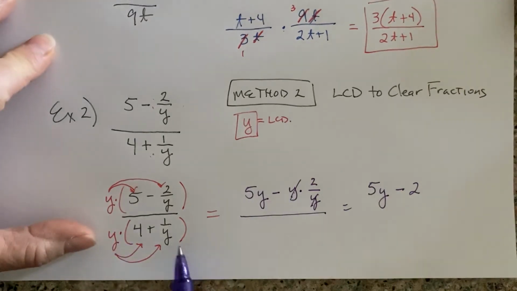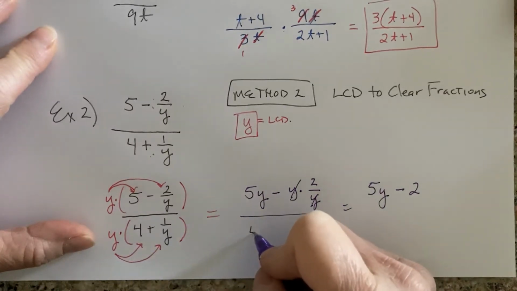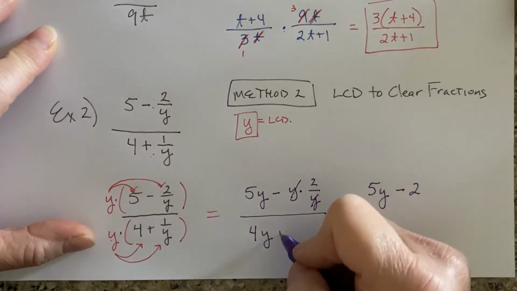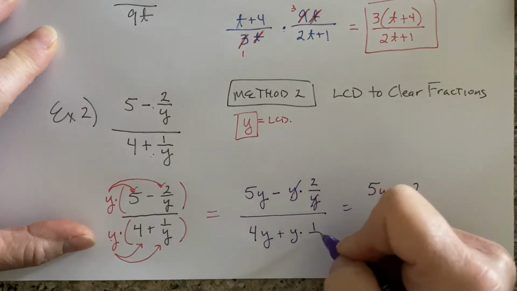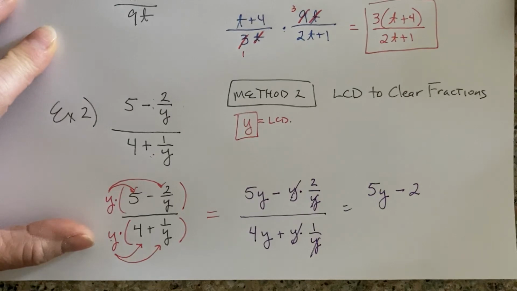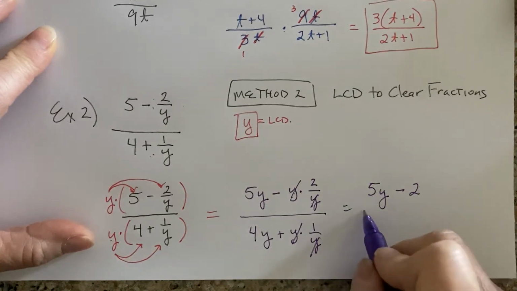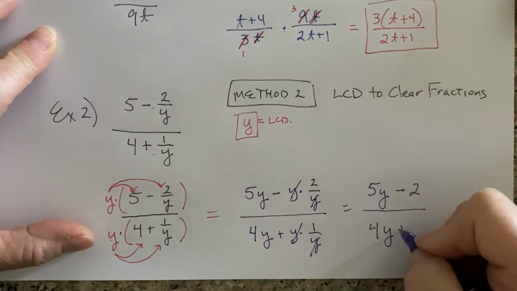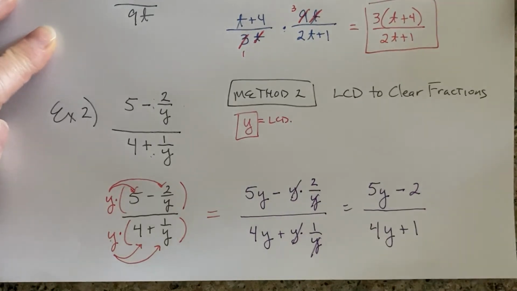In the denominator, again, y times 4, 4y, distributing that y times 1 over y, the y cancels the denominator. So in the denominator, I simply have 4y plus 1.